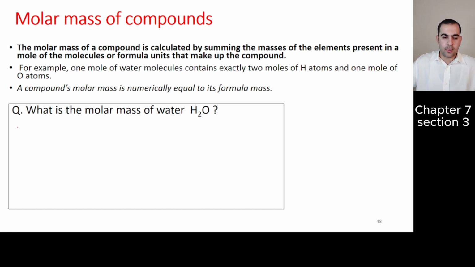Look, guys, what's the molar mass of H2O? We must know, when you say molar mass of water, it means 1 mole of water. First of all, we need to know there are how many mole of oxygen and hydrogen in 1 mole of water, because molar mass means the mass of 1 mole of water, H2O compound.